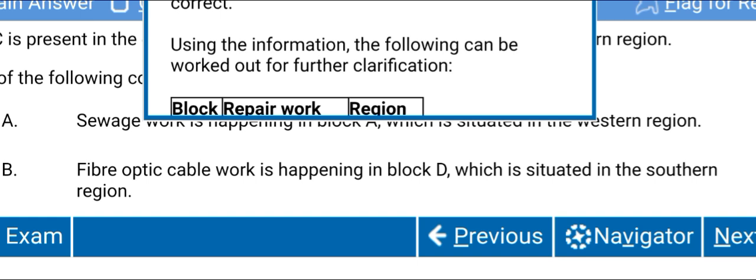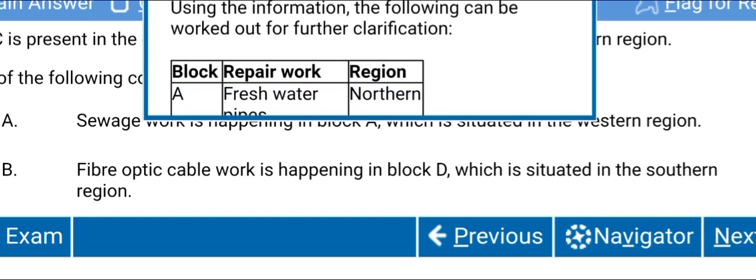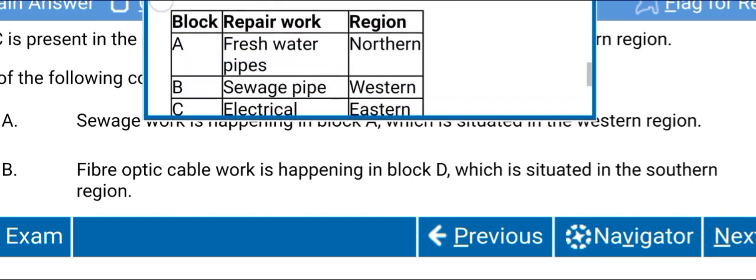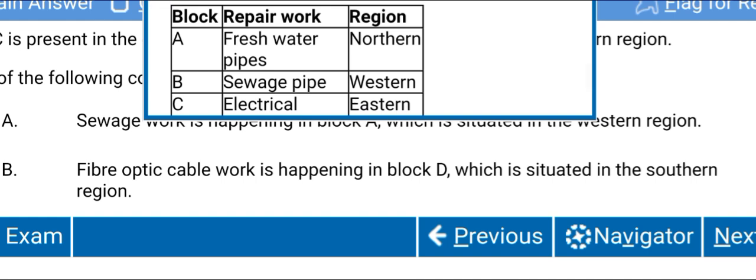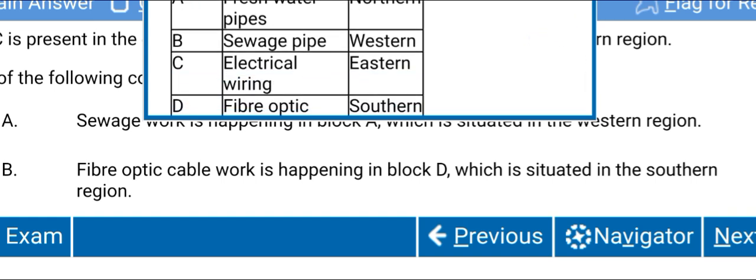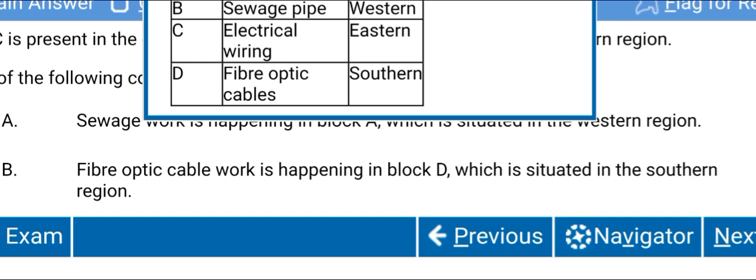Using the information, the following can be worked out for further clarification. Block, repair work, region. So Block A having freshwater pipes in the northern region, Block B having sewage pipe in the western region, Block C having electrical wiring in the eastern region, and Block D having fiber optic cables in the southern region.